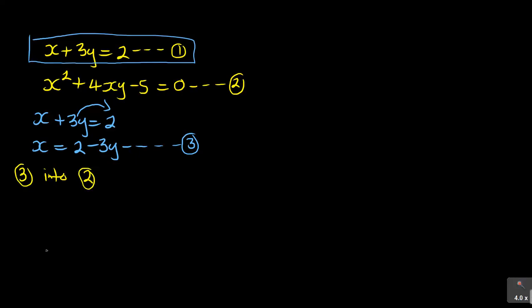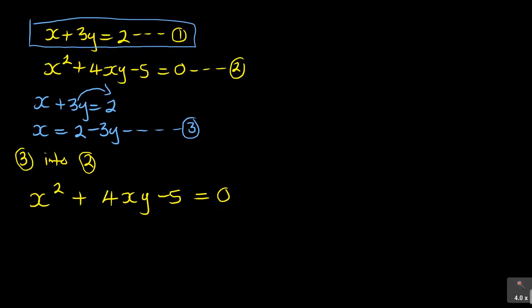So what we're going to have, let's write equation 2, which is x squared plus 4xy minus 5 is equal to 0. That is where students start missing it. Now look how I'm substituting. Remember, I already have the value of x. There is a reason why I did equation 3, so that wherever there is x, I put that value.